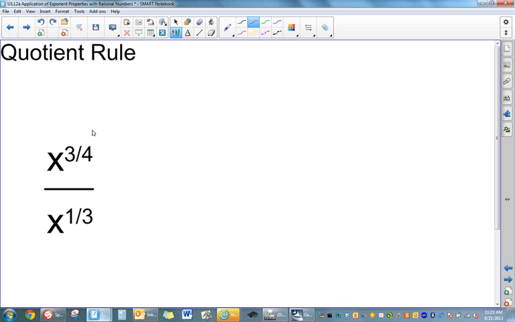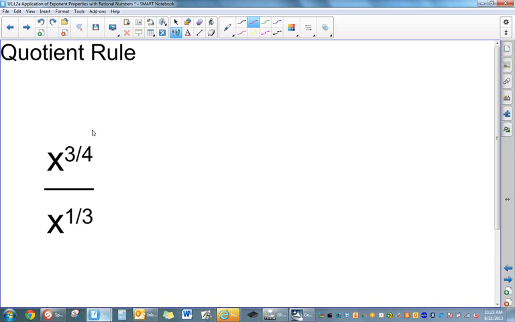Exactly right. When you're dividing like bases, you subtract the exponents, and then where do you put the remainder? You put it on top or on bottom? It always goes on top.